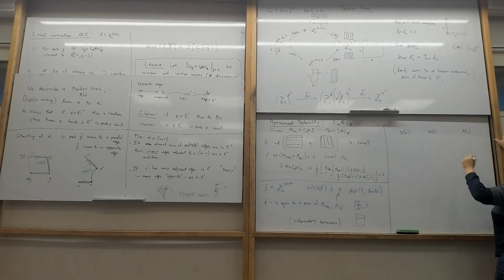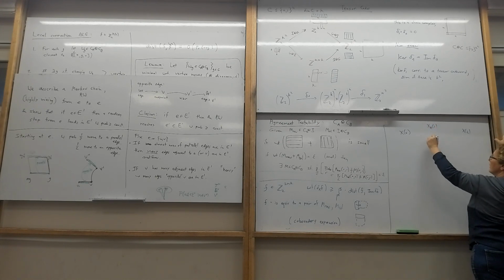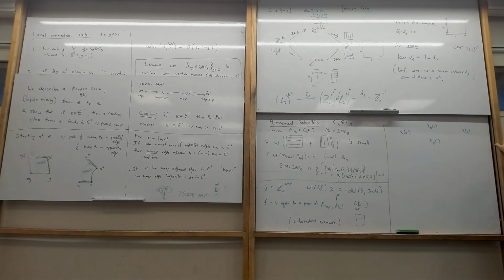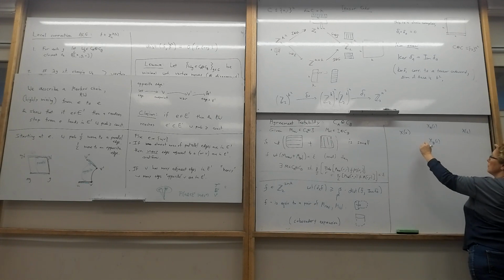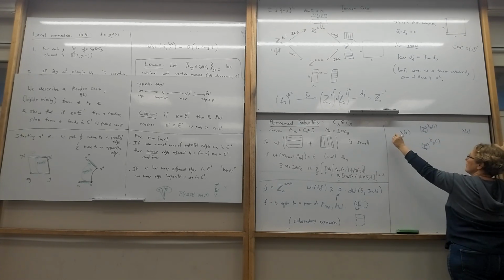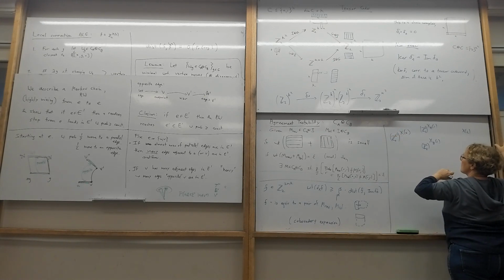In x1 we actually have two kinds. We have xa1, these are the A edges, and we have xb1, these are the B edges. Let me put, for every edge, k bits. And for every vertex, let me put k squared bits.